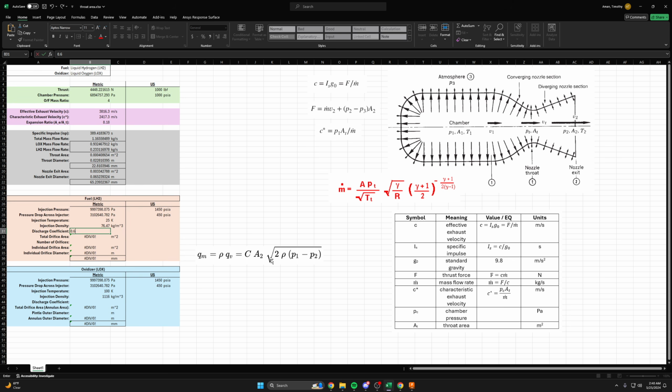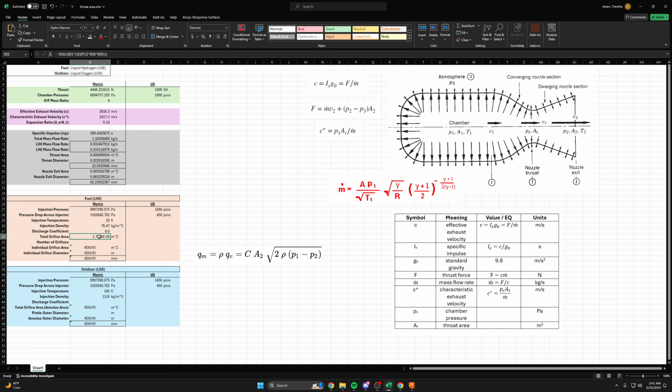So Bernoulli tells you you would get some mass flow rate, but in reality you actually get something a little bit lower than that. For a flat-edged orifice, 0.6 or 60% of theoretical maximum flow is a commonly accepted value. You can obviously get a more accurate value through testing, but for this first order analysis, we will just go with 0.6 for both. And so you can see it's already done the calculation for the total orifice area.